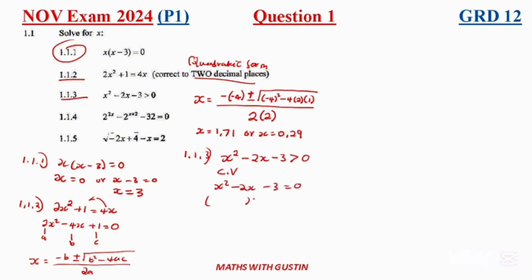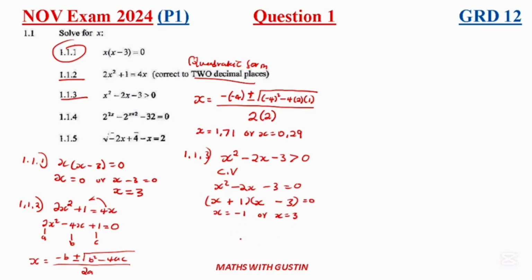We are looking for the factors that when you multiply together they give us minus 3. We know that is going to be 3 and 1, so they just have to be negative and positive. There you go. So our critical values are x is equal to minus 1, or x is equal to 3.